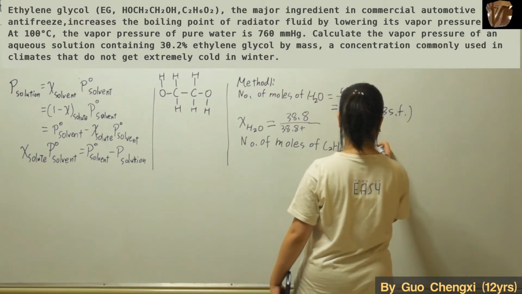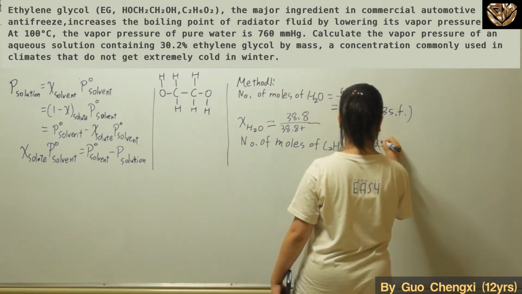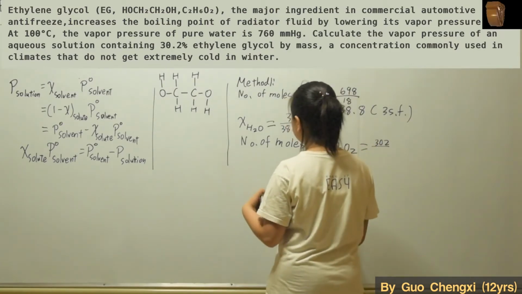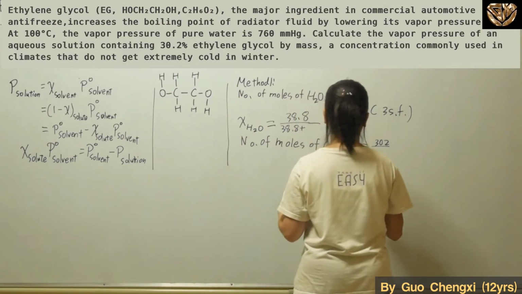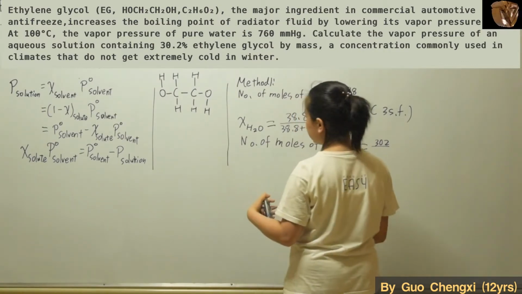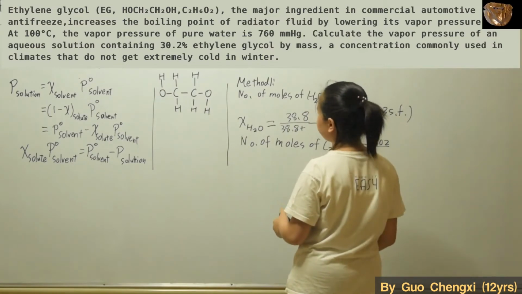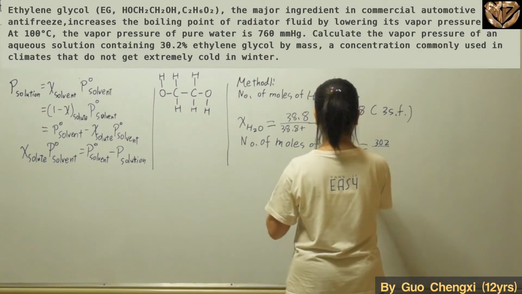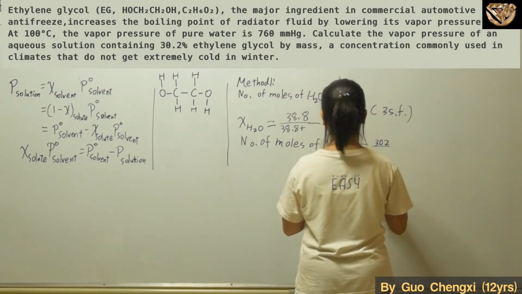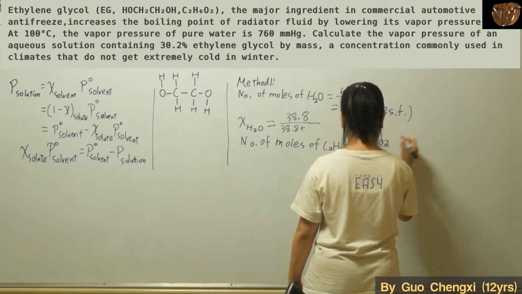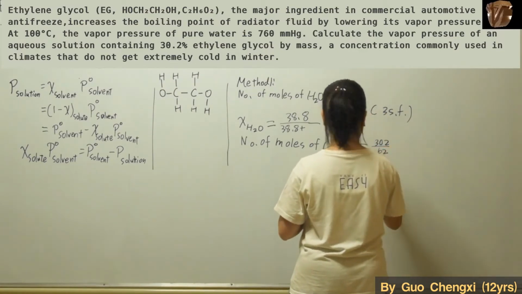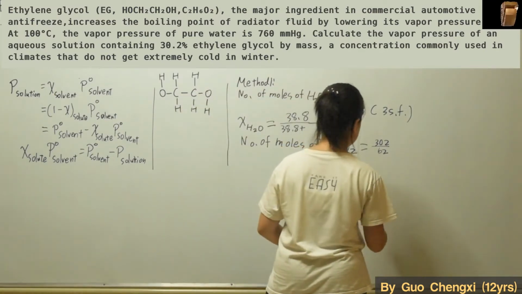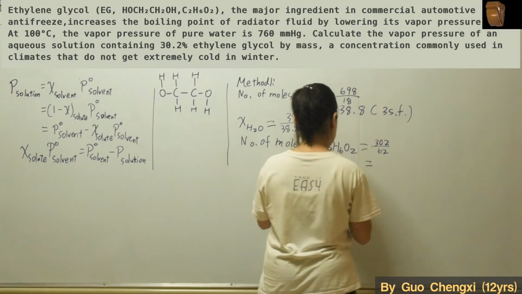Since the percentage is 30.2, it will be 302, since the total is 1000. The only reason we can assume that the total is 1000 is that afterwards we'll change it into a fraction, and once you do, it'll get cancelled. That's why we do this, to make it simpler. So it'll be over 62, which is the molar mass of C2H6O2.